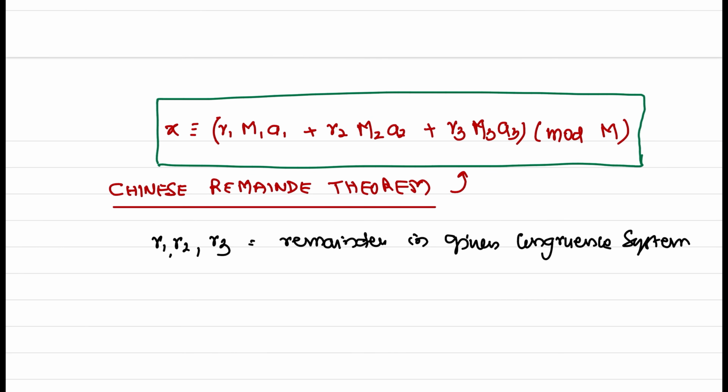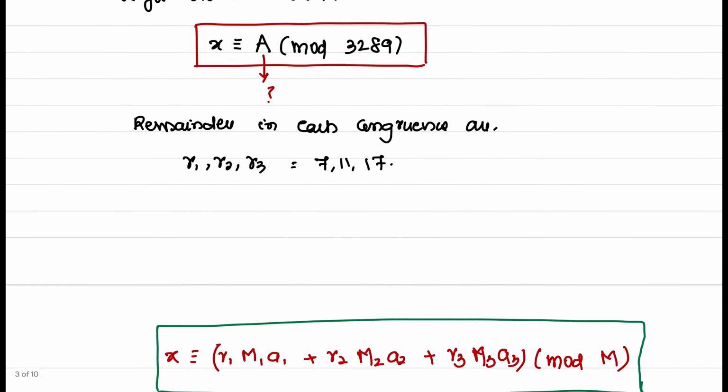In that congruence system, the remainders are given. Here the remainders are R1 is equal to 7, R2 is equal to 11, R3 is equal to 17 from the given congruences.